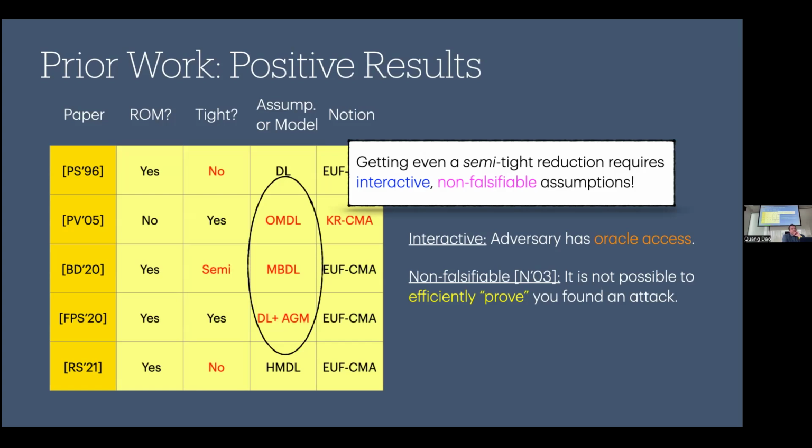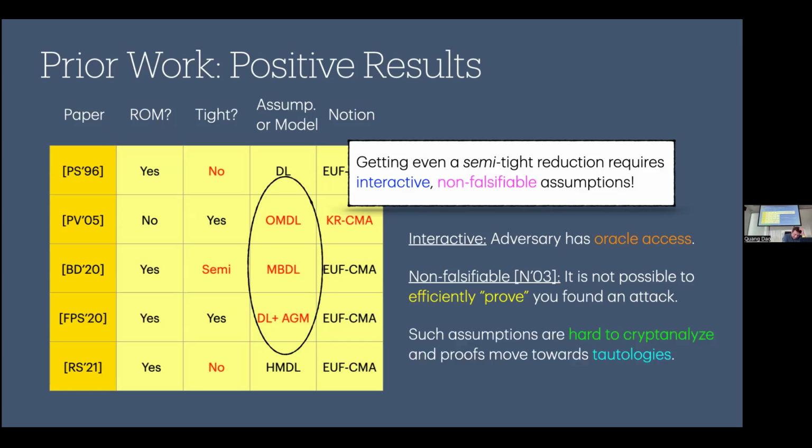Something like discrete-log is falsifiable because if I give you a challenge and you give me the discrete-log back, I can verify that you indeed solved the challenge, right? But for some assumptions, like one-more discrete-log, you have a discrete-log oracle which cannot be efficiently simulated, right? So if you say you can break one-more discrete-log in your group, I can't even verify that because I can't run your adversary.